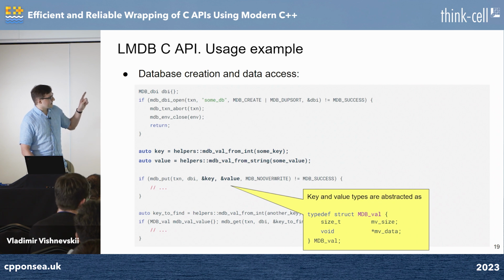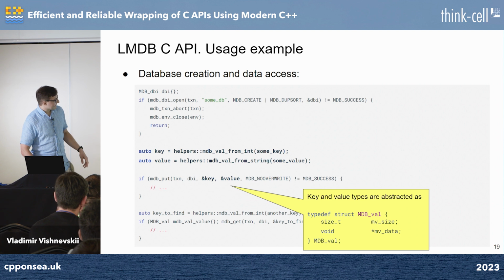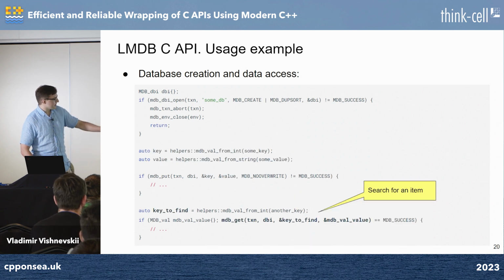The data is abstracted, so the values and the keys are abstracted as this structure MDB_val. It's kind of a C span, so a void pointer and size, a non-constant pointer, just the size. MDB_put also receives non-constant pointers to these items. And MDB_get just gets the item by the key to find.